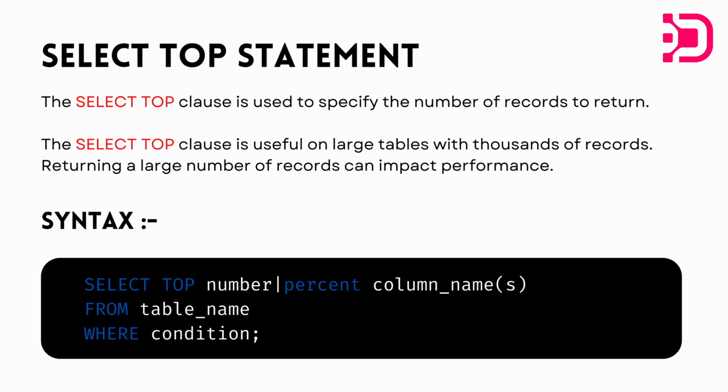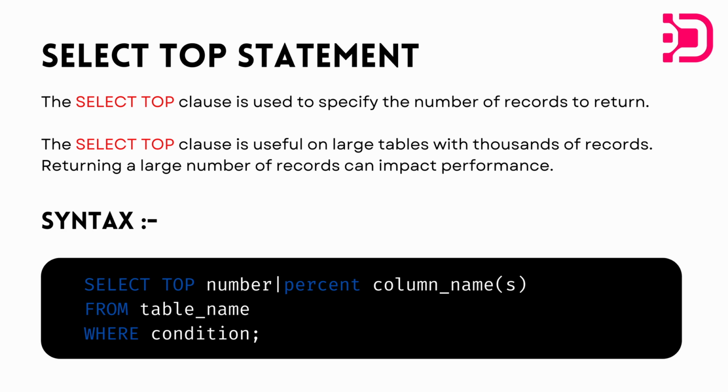We don't need to query the whole table, which will have a huge performance impact on our SQL server and computer. SQL top allows us to specify how many rows of data we want, just to get an idea of what the table is like.